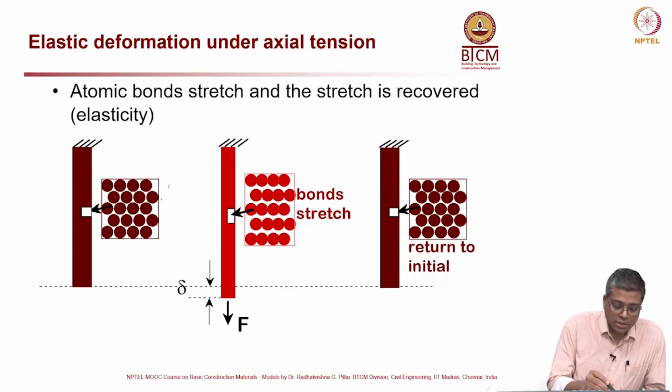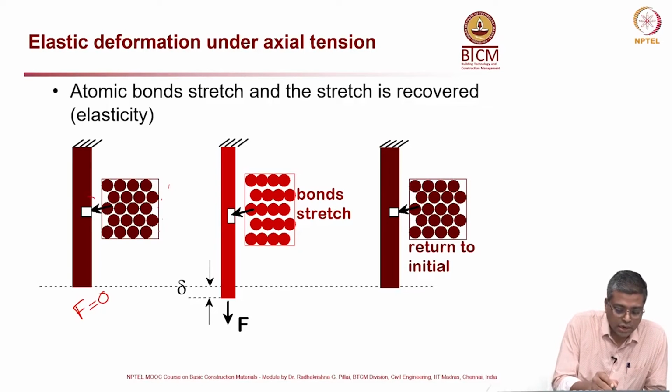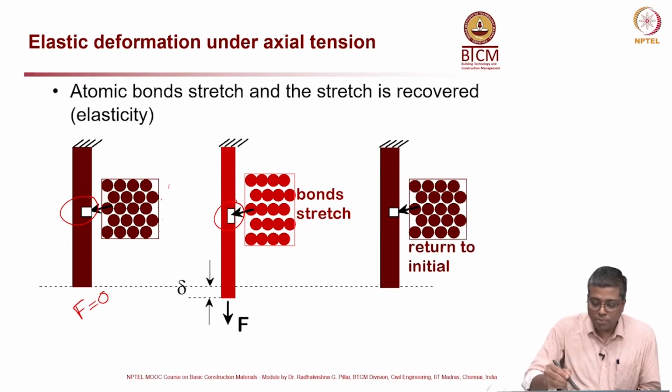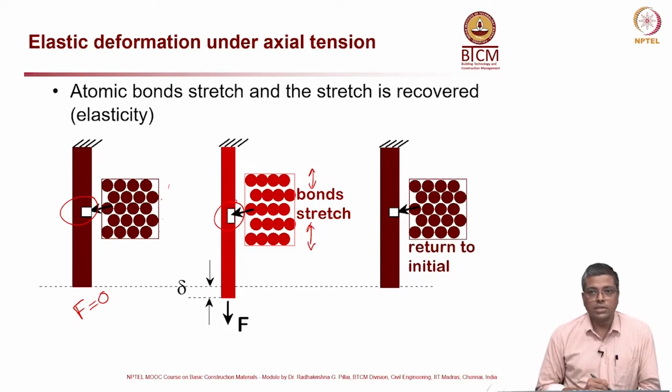Now, the first is the case with no load, that means F is equal to 0. In the second drawing, there is some load applied. You can see that this point here has changed from a square to a rectangle. That means the vertical lines over here are stretching in the vertical direction.